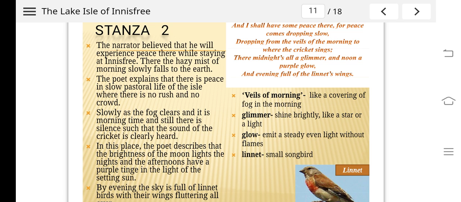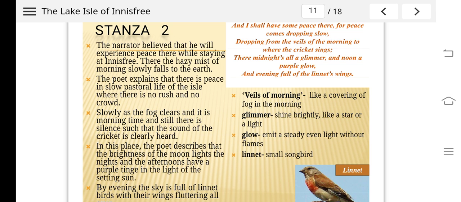Now here cricket is not the game, cricket is an insect. If you have read the chapters, you might have read about the ant and the cricket chapter in standard 8. So the same insect is being discussed here.